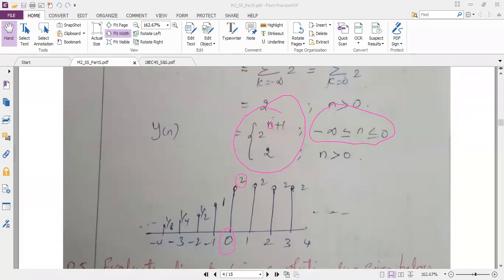If n is minus 1, 2 power 0 is 1. If n is minus 2, minus 2 plus 1 is minus 1, so it is 2 power minus 1, which is nothing but 1 by 2. Similarly, on the right hand side, when n is greater than 0, my amplitude is 2. So you will get 2 for all the values on the positive x-axis. So this completes the problem.